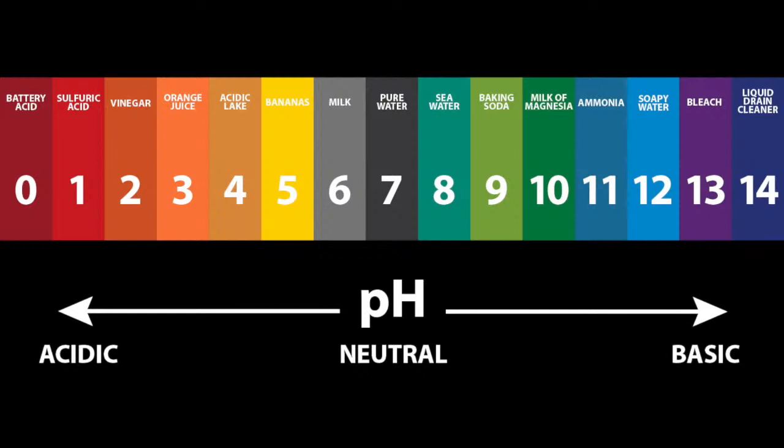The lower you go on the scale, the more acidic, and above 7, it goes to alkaline or basic. So we're talking about that, how we measure it, and what it actually does for our aquariums.